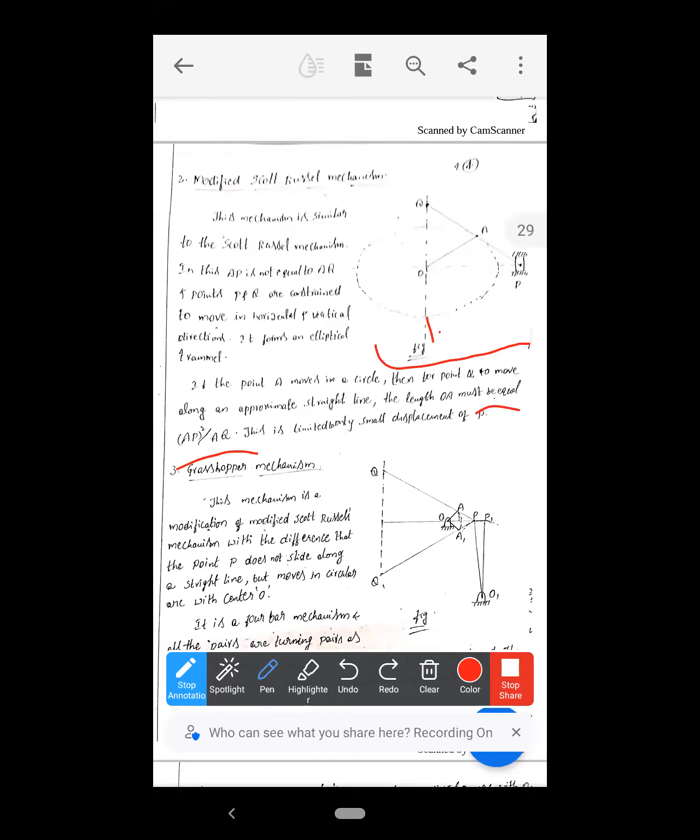But the small amendment is their link lengths. Their link length OA is equal to AP square by AQ. So when they maintain the particular condition, we may get the modified Scott-Russell mechanism.